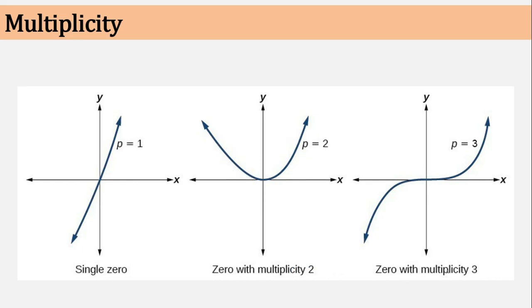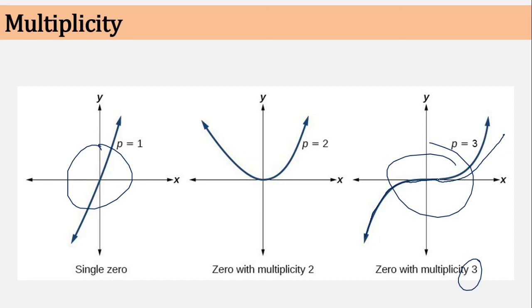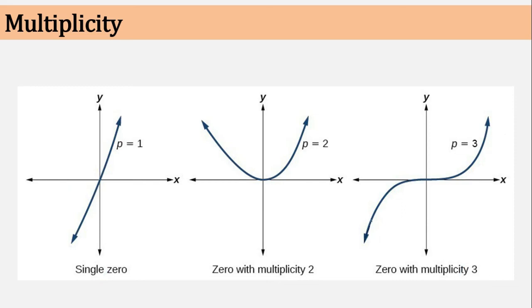And if it has a multiplicity of 3, it will pass the x-axis, but it will somehow flatten before it reaches 0. See the difference between these? These are both odd multiplicity. If it is 1, it just goes straight. But if the multiplicity is odd and greater than 1, then it flattens before it crosses the x-axis.